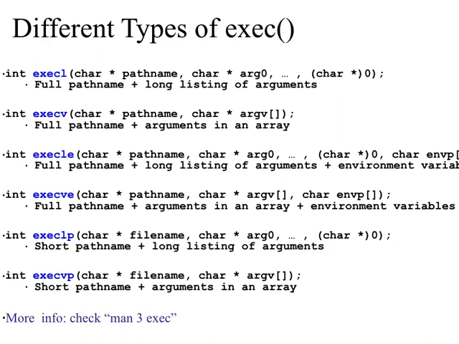In the example, we used execlp, but if you're writing something like a shell program, then you might find it more useful to use the execv or execvp versions of the system call, because that way you can pack all the arguments in a char star array, and then traverse through the array as you need to.